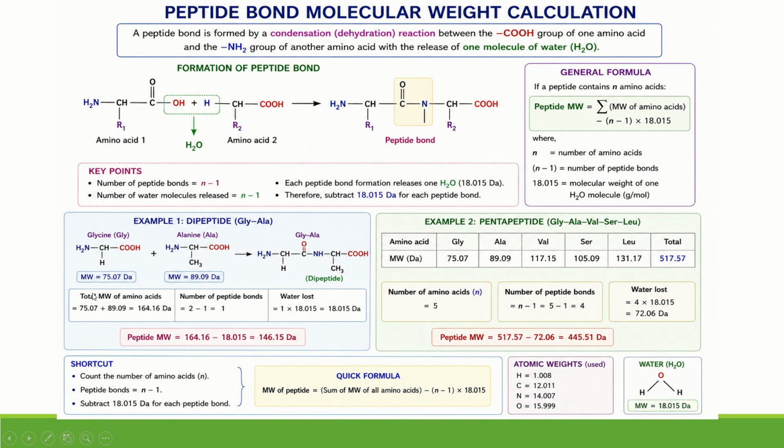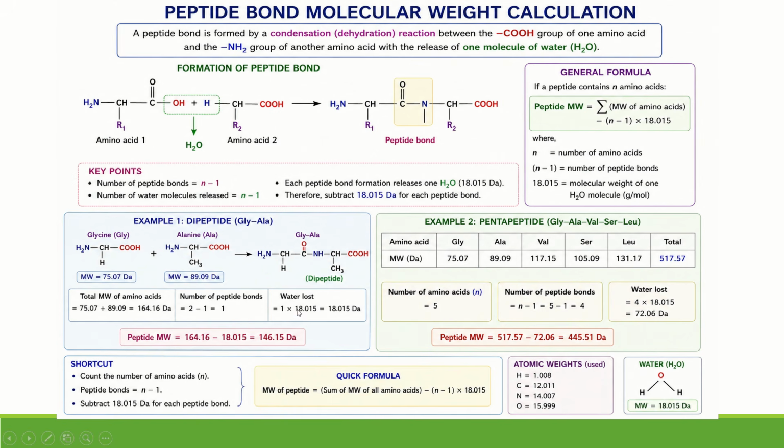Then if we calculate the molecular weight of peptide, total molecular weight of these two amino acids: 75.07 plus 89.09 is equal to 164.16 Daltons, and here the number of peptide bonds is n minus 1, that is 2 minus 1 is equal to 1, because here it is a linear peptide.